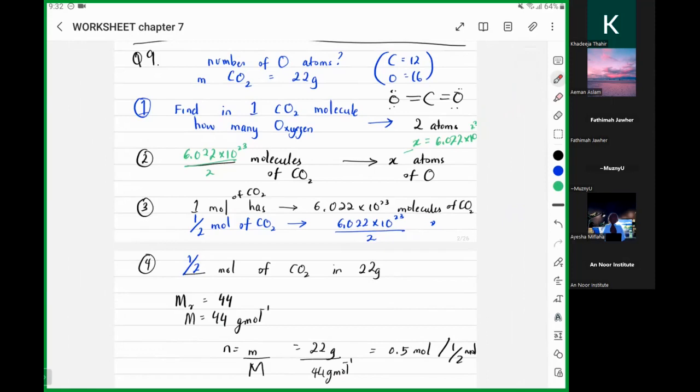To find the number of molecules, you know 1 mole of carbon dioxide will have 6.022 into 10 to the power 23. So you have to find the number of moles finally. If it is 22 grams, number of moles is coming as half a mole. Therefore, half a mole will have 6.022 into 10 to the power 23 divided by 2 number of molecules of CO2. Therefore, oxygen will be twice of that because 1 molecule has 2. So into 2, the answer is 6.022 into 10 to the power 23.